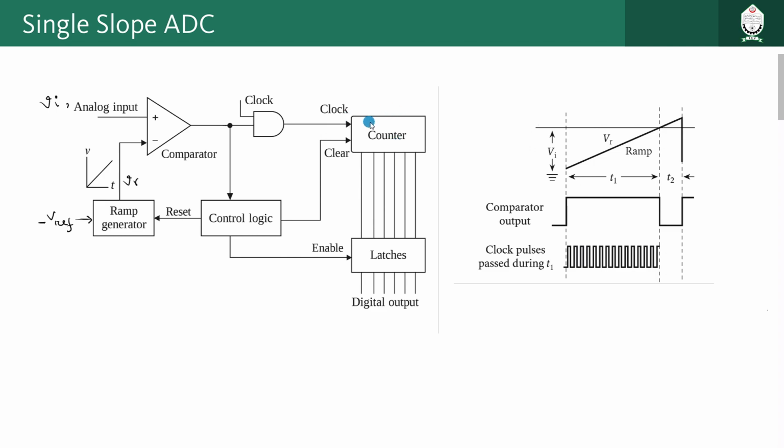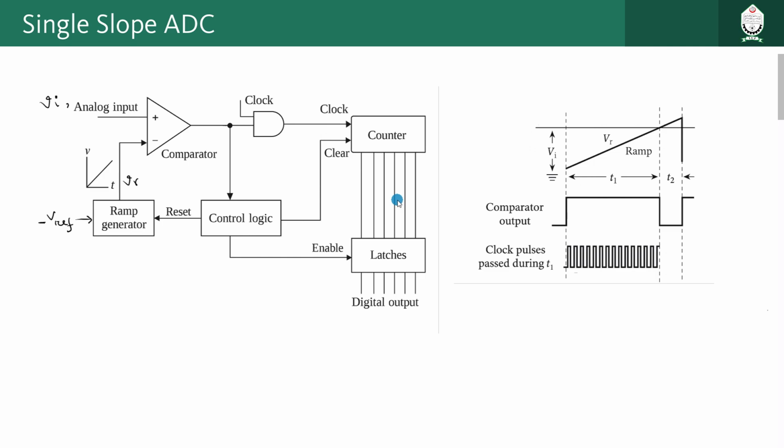If the clock pulse reaches it, the counter will start incrementing its value. Starting from 000, it will increment to 1, 2, 3, in binary values. This counting will continue as long as the clock pulse is available here. Obviously these clock pulses will be there, and as a result the counter will increment its value one by one, gradually increasing.